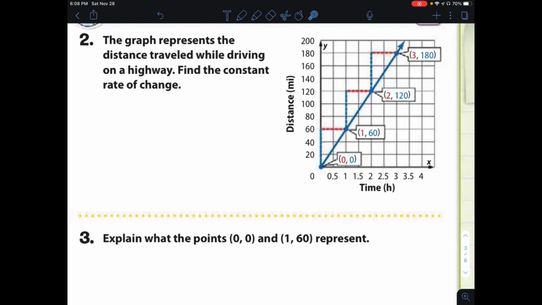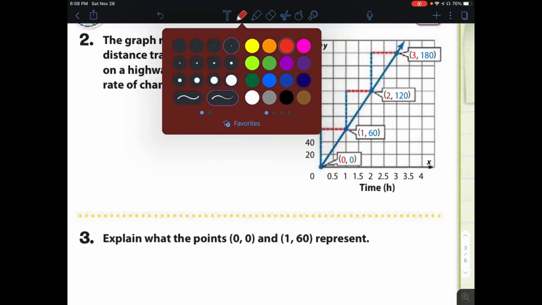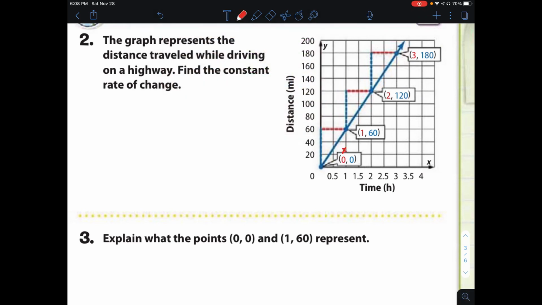Now look at the points that were graphed here: 0, 0, 1, 60, 2, 120, and 3, 180. These are called ordered pairs. The reason they're called ordered pairs is that every ordered pair has x and y. You read x first before you read the y coordinate.